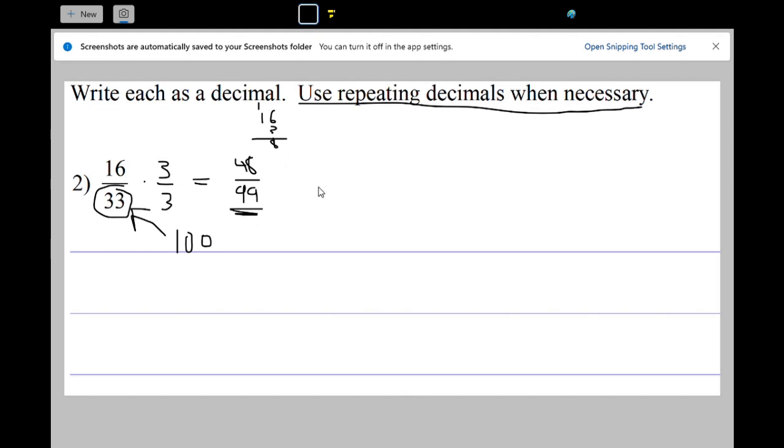Now, if I don't have a calculator, this is probably where I stop and I don't have to use repeating decimals at all. I would just put 0.48 because that's going to be really close to actual. It won't be exactly on actual, but it will be really, really close to actual. And that's kind of what you want to do in a situation like this.